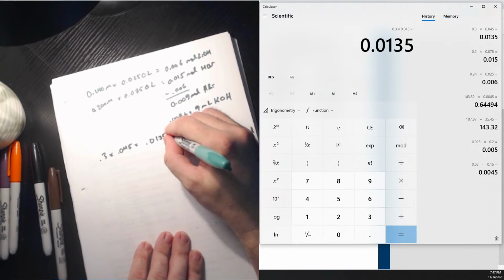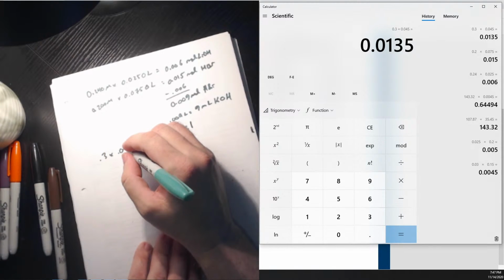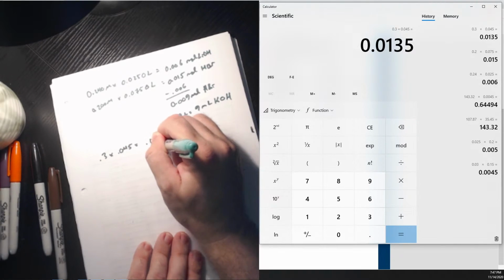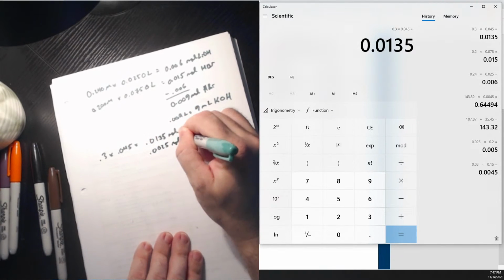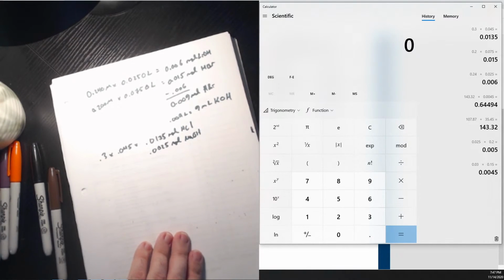135 moles HCl. And from that, we're going to subtract how much sodium hydroxide? 0.0025 moles NaOH. Double checking, 0.01, nope. 0.01 times 0.025.